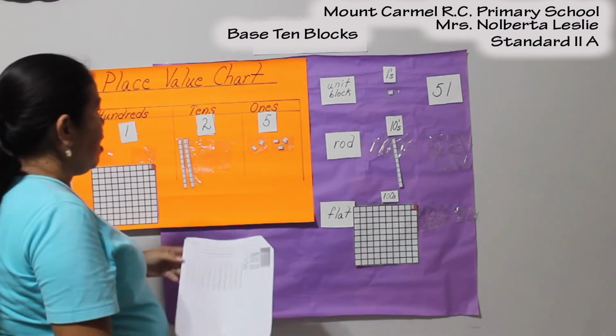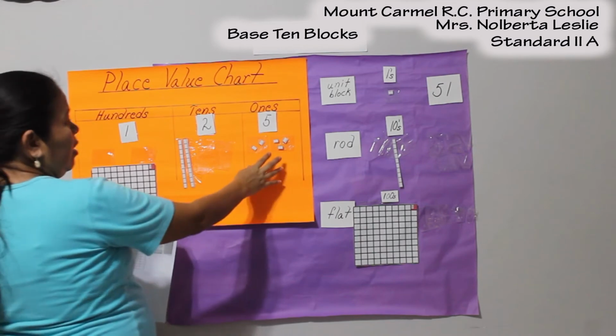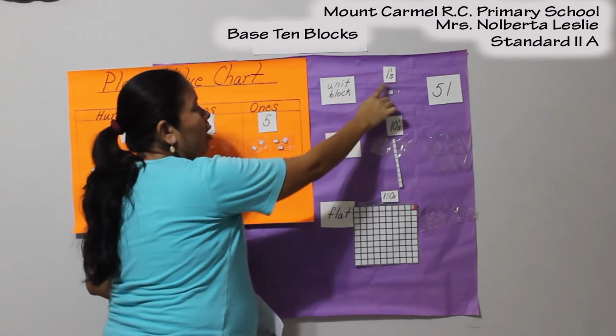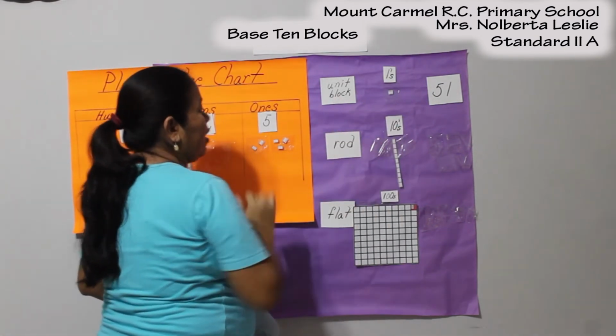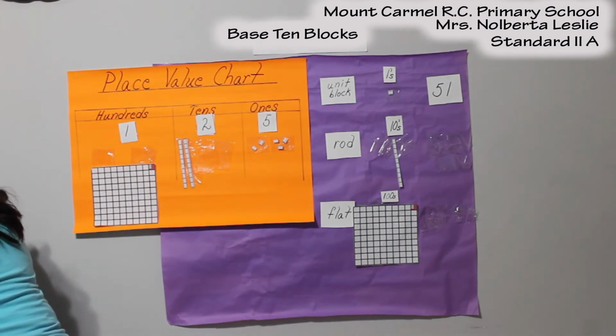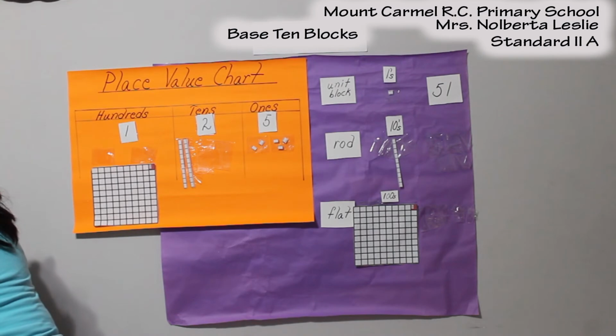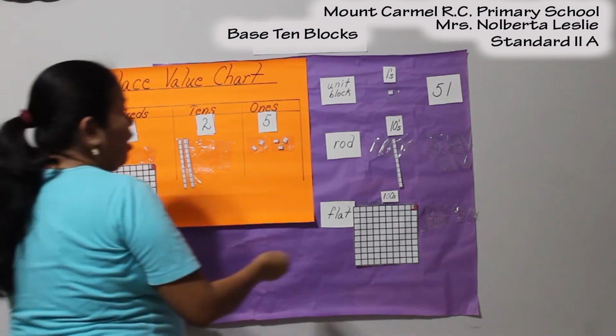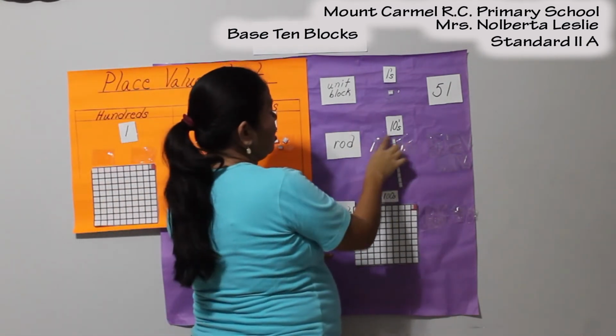So how many unit blocks did we say make up a rod? 10. And so I'm just going to show you here that you have 10 unit blocks in one rod, right?